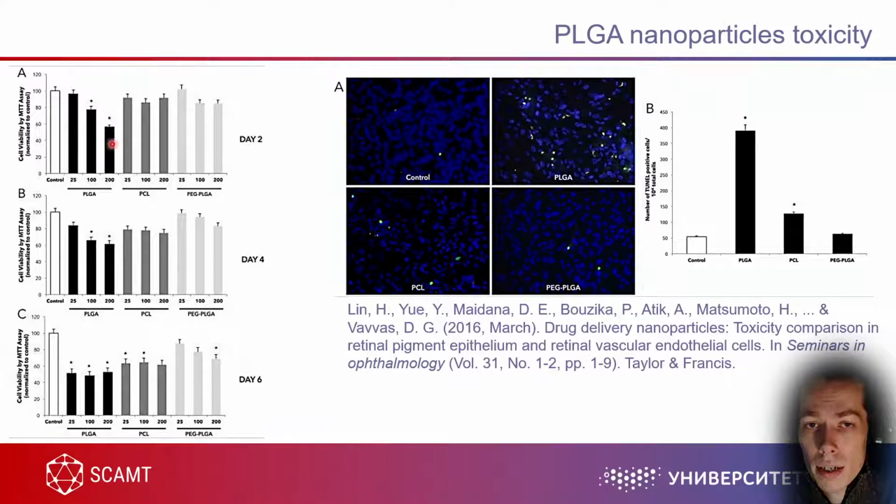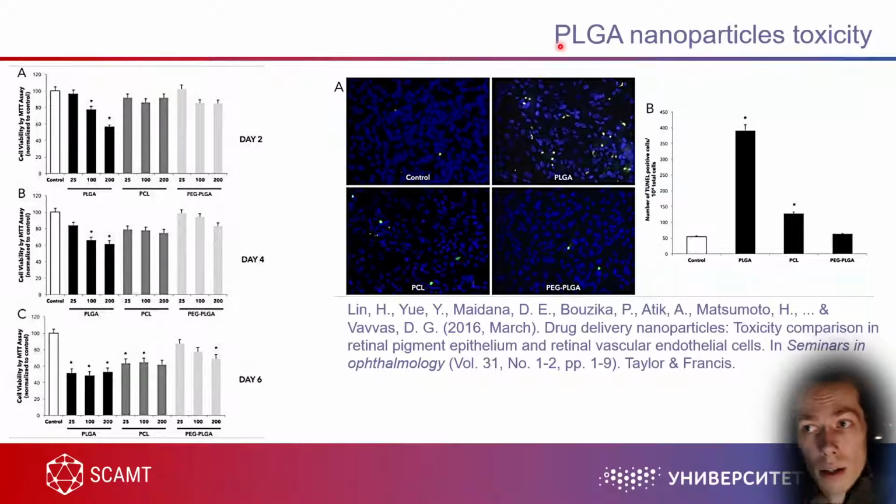It means that PLGA has something to do with mitosis of cells. And to reduce, for example, the toxicity of PLGA, you can use pegylated PLGA. So it's just a polymer in a polymer. And if you use this formulation, you will definitely see that pegylated PLGA is much more biocompatible, with no difference from control, much more compatible in comparison with just PLGA.